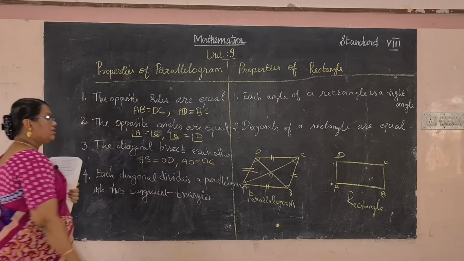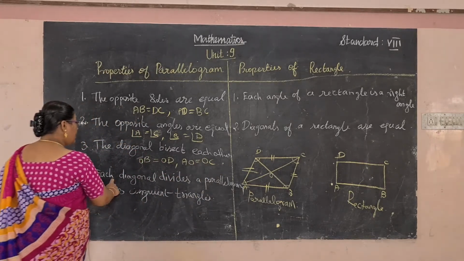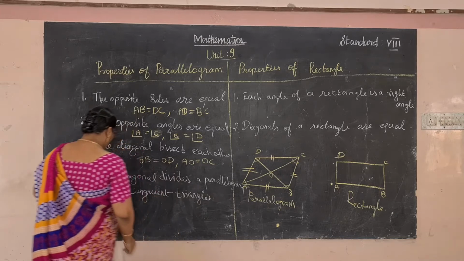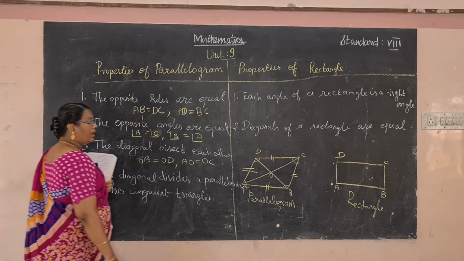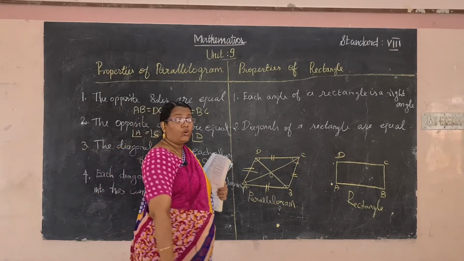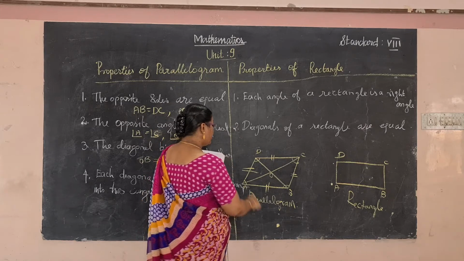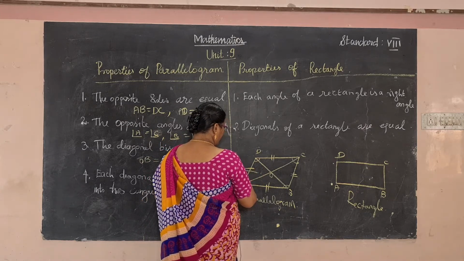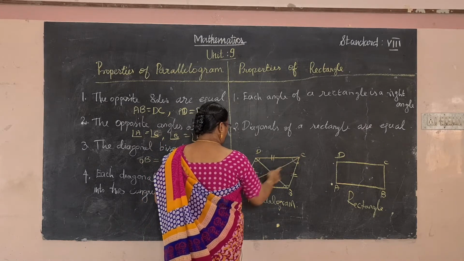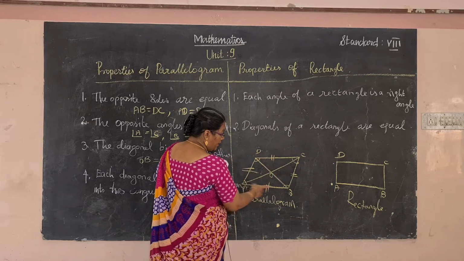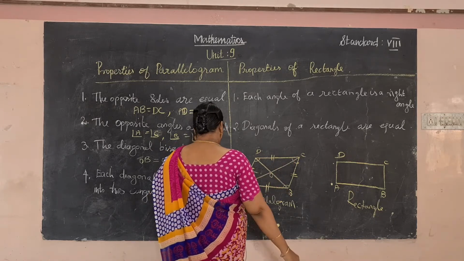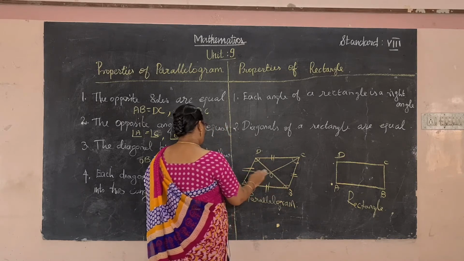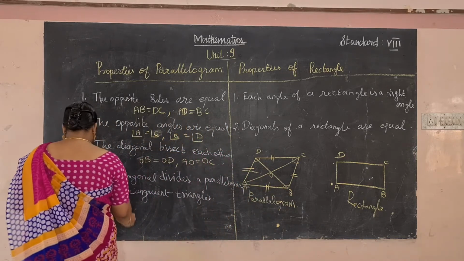These distances are equal, and each diagonal divides the parallelogram into two congruent triangles, ADC is one triangle and ABC is another.